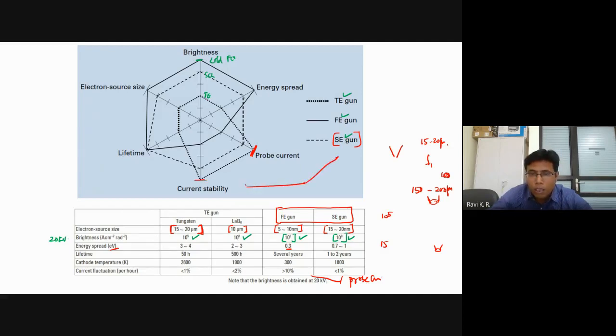In this particular region, this is your probe diameter dp, and this is your Ip value. The current stability is better, and probe current is also better. Lifetime wise, the field emission gun is going to have the best.